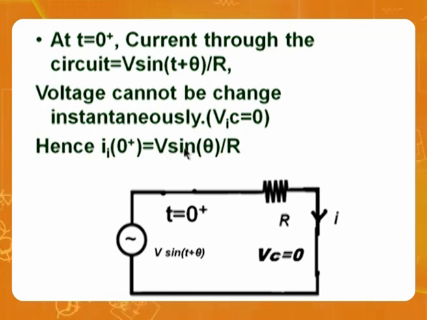V sin, please observe, t is 0, therefore only theta. I am not giving the value here because theta can be any angle. Suppose theta is 0, sin is 0, answer is 0. If theta is 90, answer is V by R. So depending on the angle, it is changing.